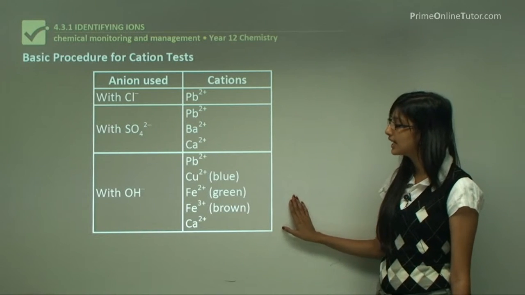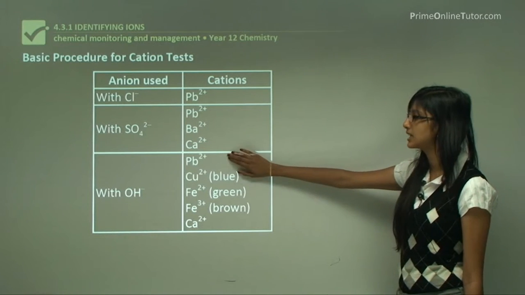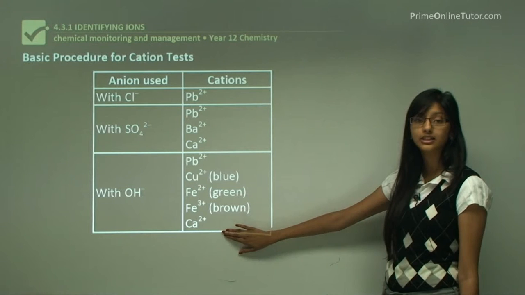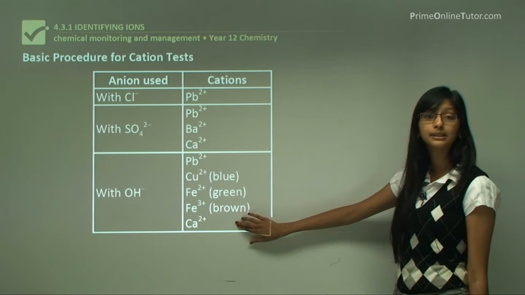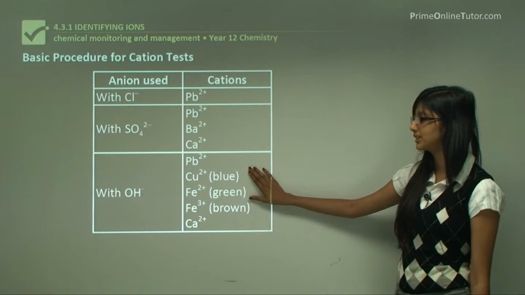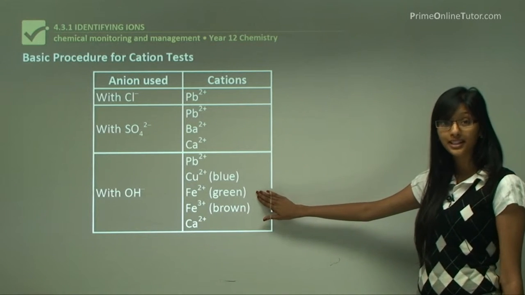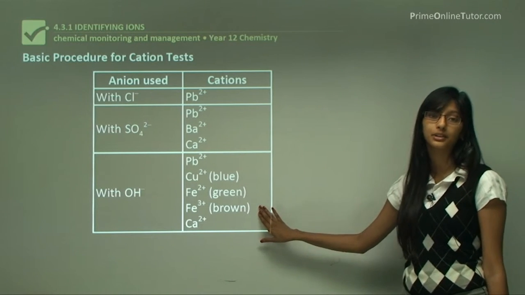With hydroxide, if you add hydroxide to your solution, you can identify lead, copper, iron 2 plus, iron 3 plus and calcium. So if a precipitate forms, it's either of these 5 elements present, but copper produces a blue color with hydroxide, iron 2 plus produces a green color with hydroxide, and iron 3 plus produces a brown color with hydroxide.